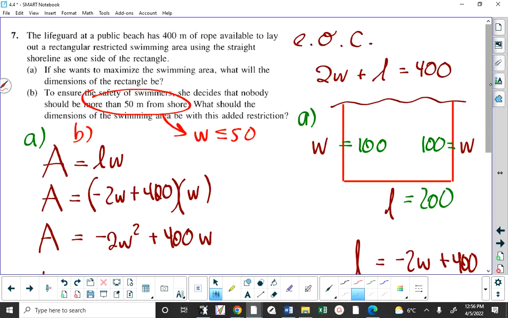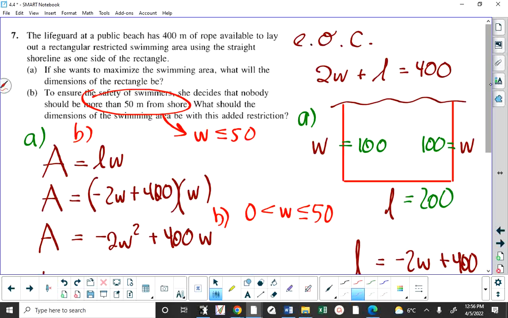So this function in B has a domain of that, which means since the function ends at 50, this is what I meant by saying I like this. It ends at 50, the derivative is not defined at 50 because there's no other side to that point, which means it's critical.